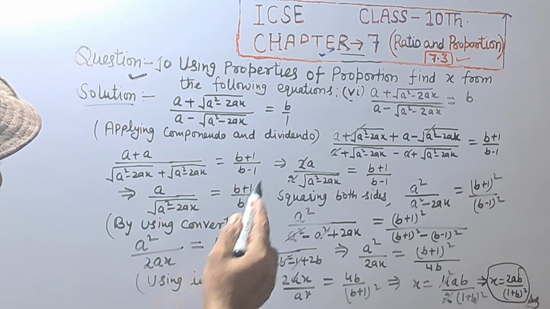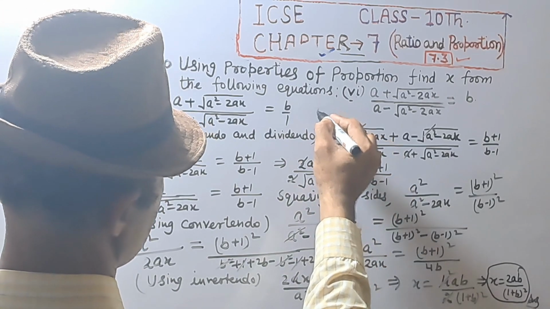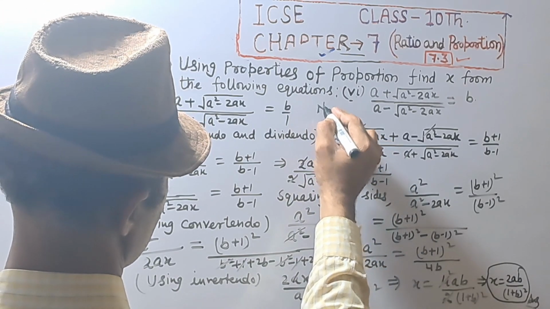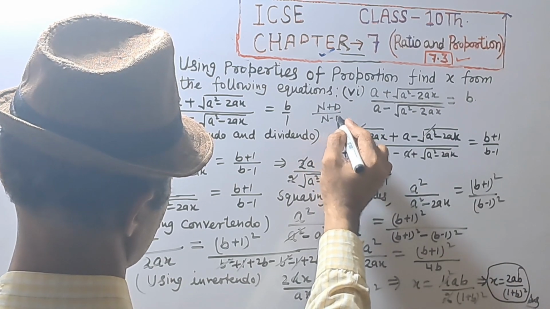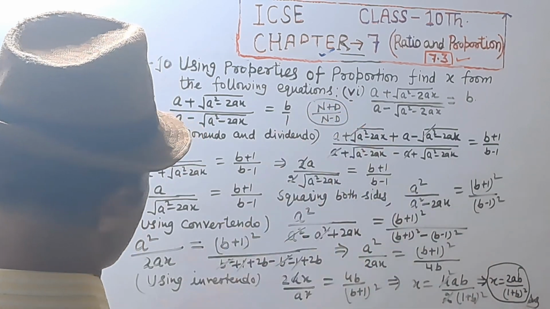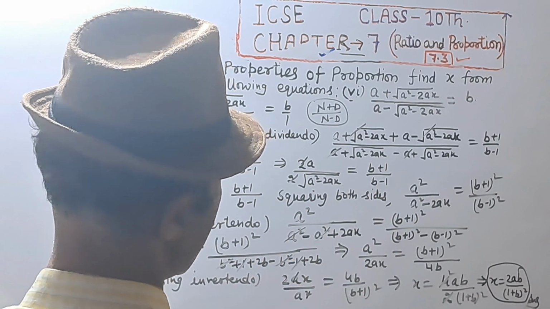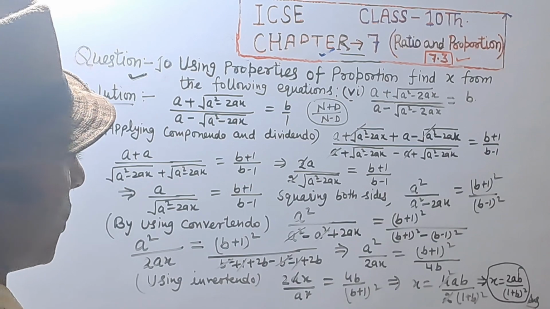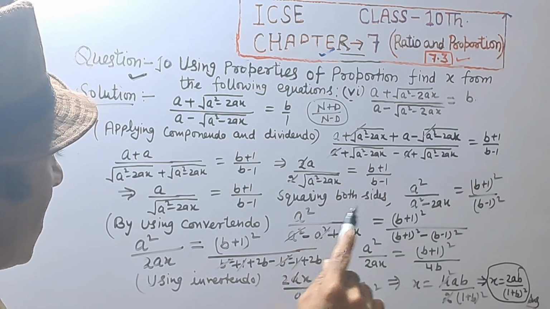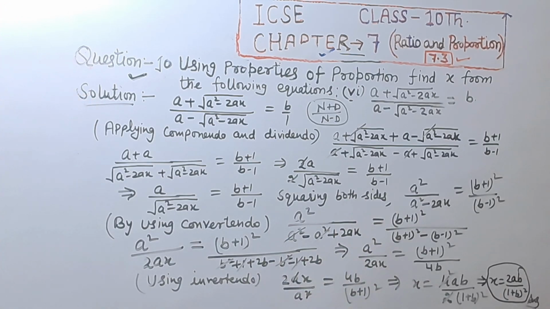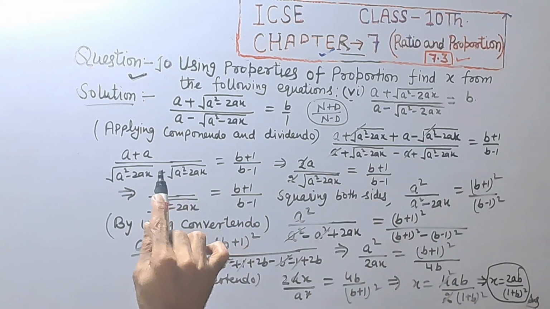Applying componendo and dividendo rule, numerator plus denominator divided by numerator minus denominator. (a + √(a² − 2ax) + a − √(a² − 2ax)) upon (a + √(a² − 2ax) − a + √(a² − 2ax)) is equal to (b + 1) upon (b − 1).